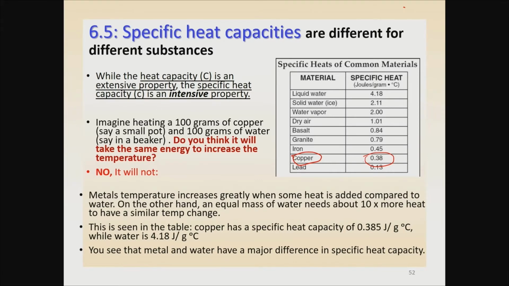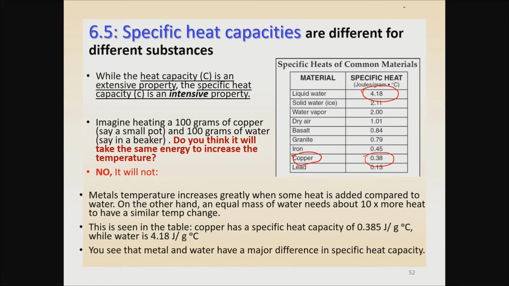While copper has a specific heat capacity of 0.385 joules per gram degrees Celsius, liquid water has a specific heat capacity that is 10 times or more greater than that of copper. The value is 4.18. So this is a really good example of how the specific heat capacity really depends on the kind of matter.